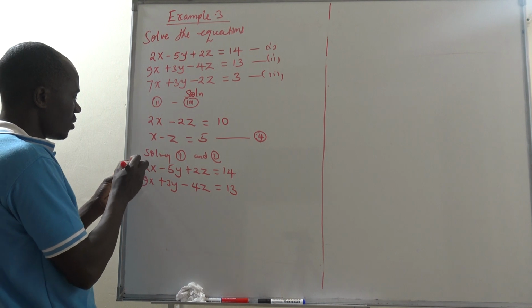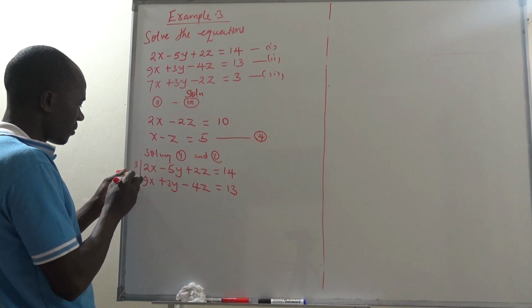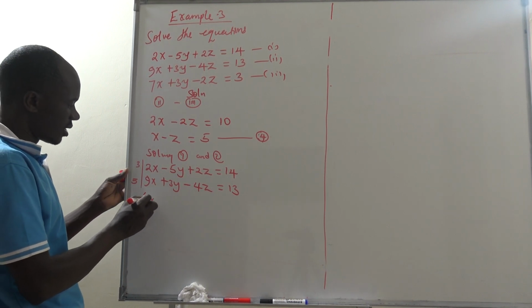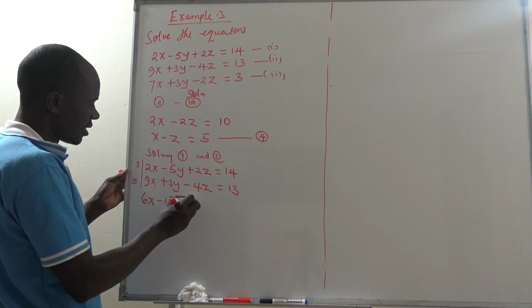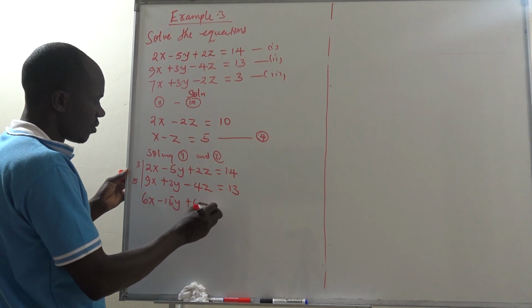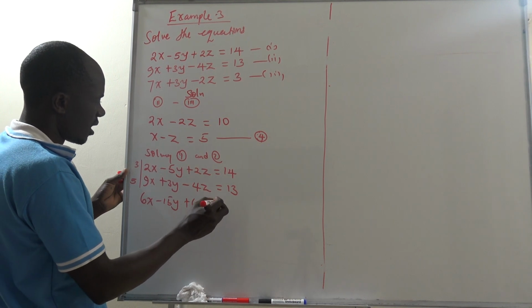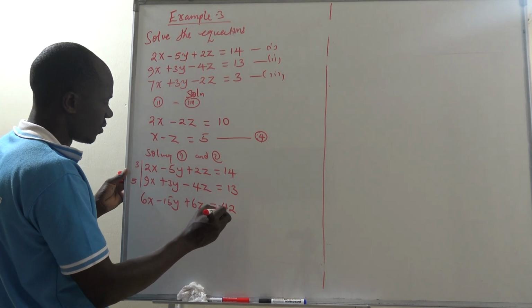I want to eliminate y. What can I do? Put a 3 up and a 5 down. This times this, I'm getting 6x minus 15y plus 6z equals 14 times 3, we are getting 42.